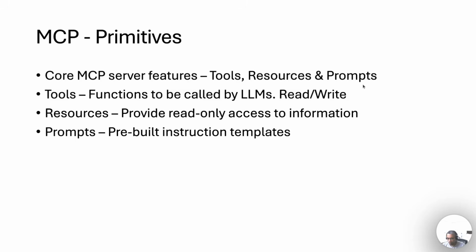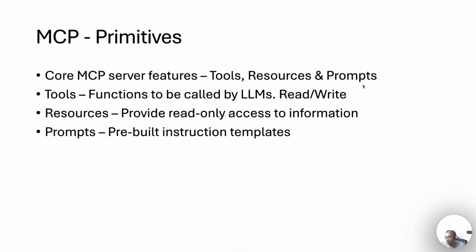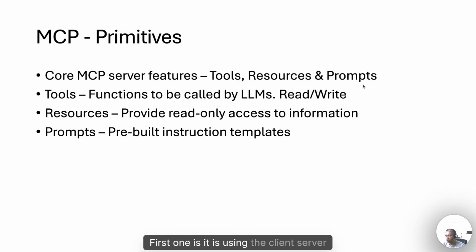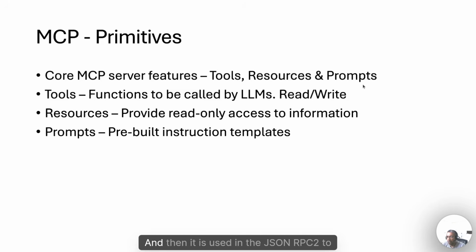Now, the four important points that you need to remember about this MCP definition: the first one is it is using the client server architecture. The second one is it has three participants: the host, MCP client, and the server. And then it is using JSON RPC2 for messaging between MCP client and the server.